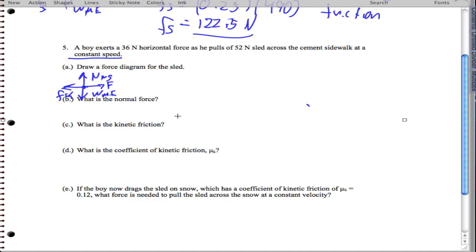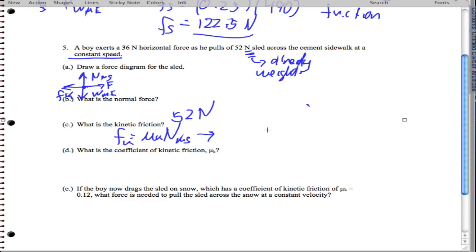Now, what's the normal force? This is nice. It's 52 newtons. Notice they give me newtons. It's already weight. You believe that? What's the kinetic friction? Friction is mu times normal. Mu kinetic times normal.